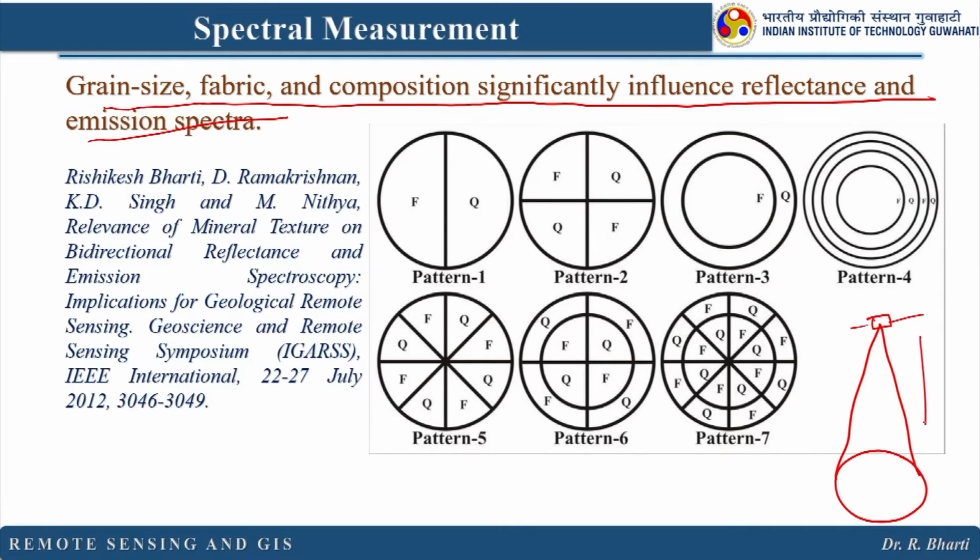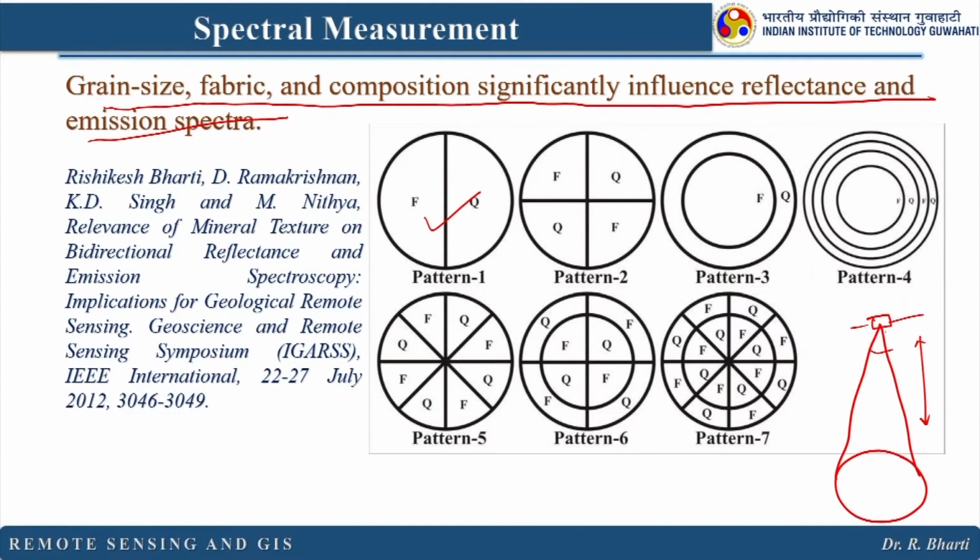This is your H and this field of view is known. So to make sure, you need to calculate 2H tan(theta/2) and you can focus on your target, right. In this way I have generated spectral libraries of these 7 patterns.